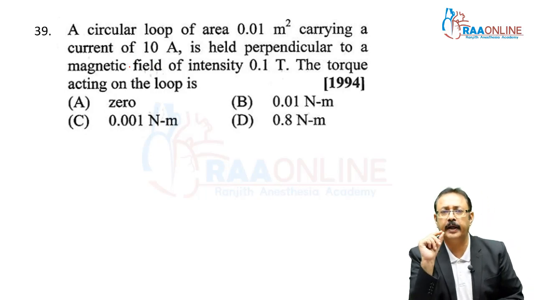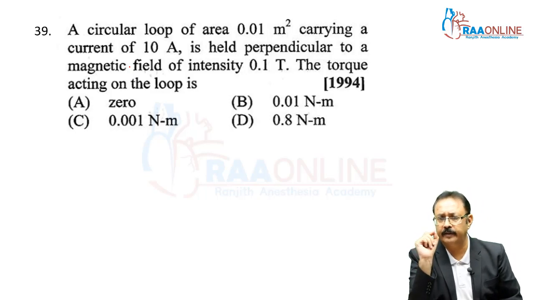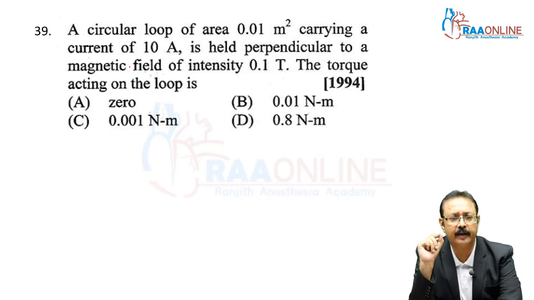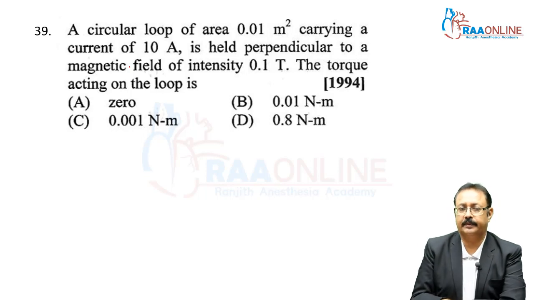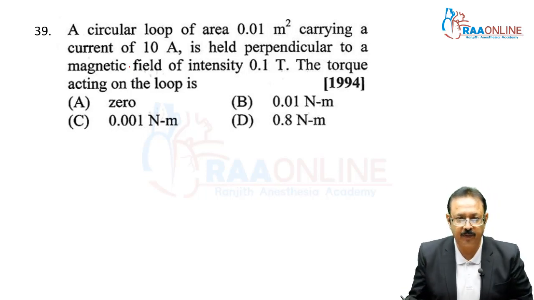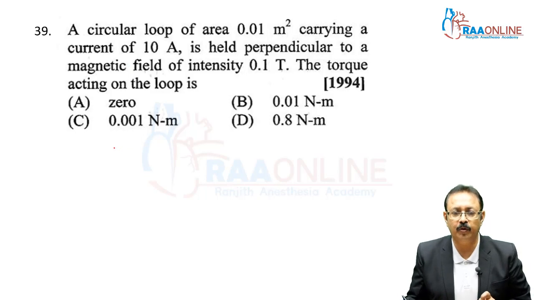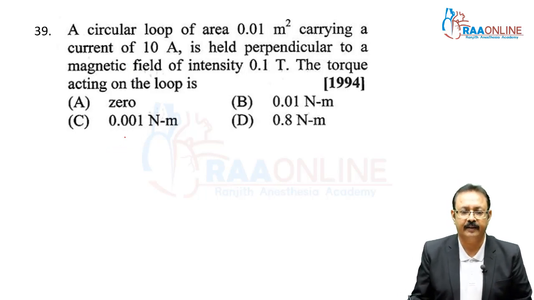Next, it is from 1994 AIPMT. The area of the coil is given. A circular loop of area 0.01 meter square carrying a current of 10 ampere is held perpendicular to a magnetic field of intensity 0.1 T. The torque acting on the loop is, we calculated there two equal forces. See, we put the wire coil like this.